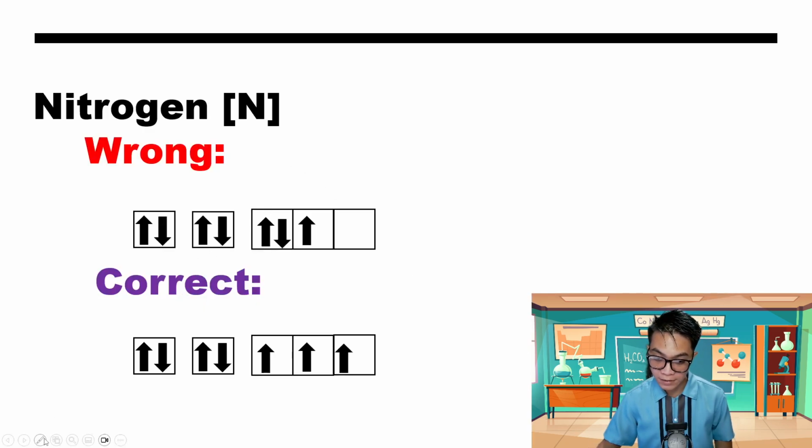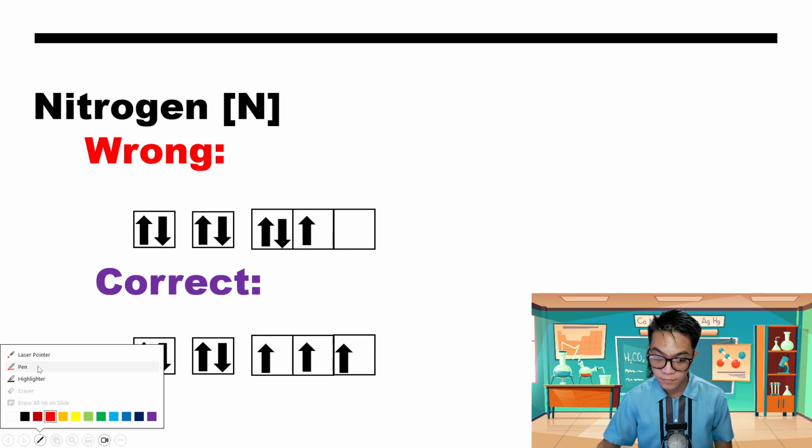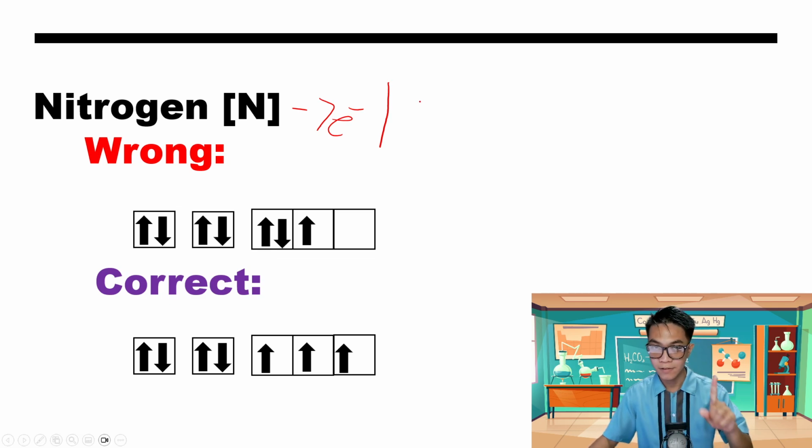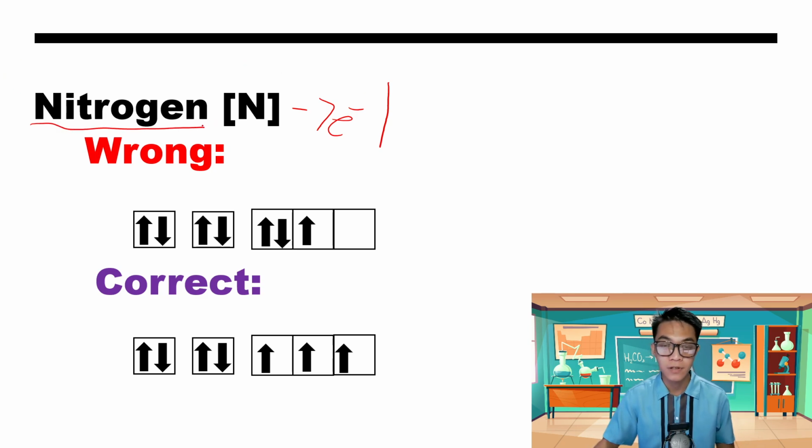Now, I'll just write it down here so that we can keep track of things. This has 7 electrons. That is our first step. Our second step, correct, we'll write the linear electron configuration of this nitrogen atom. If you remember our 1s2, 2s2, 2p6, we will be using that in this lesson too.